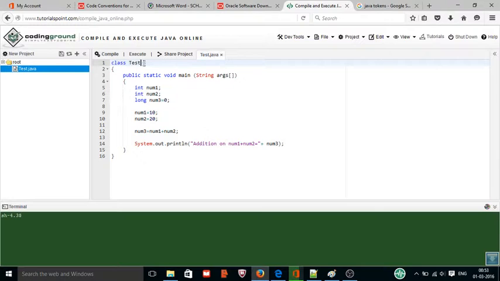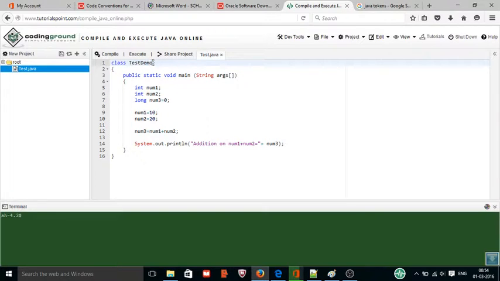Suppose I want to add another word to this class name, that is Demo. The starting letter D of Demo is capital, uppercase. The rule says each and every word in the class name must start with an uppercase letter. So the first word Test has a capital T, and in the second, Demo, D is capital.